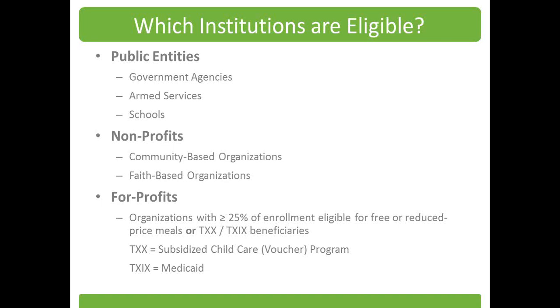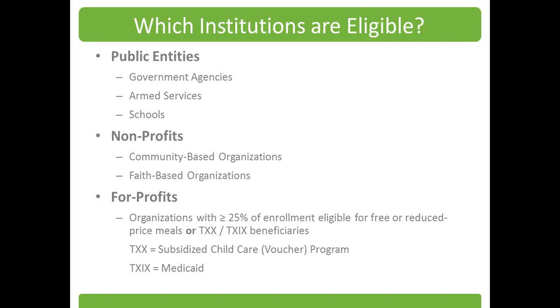A for-profit center is eligible as long as 25% or more of the individuals enrolled are eligible for free or reduced price meals, or if 25% or more receive child care subsidy benefits. For adult daycare centers, for-profit centers are eligible if 25% or more of the enrolled adults are eligible for free or reduced price meals, or if at least 25% of the adult participants receive Medicaid benefits.